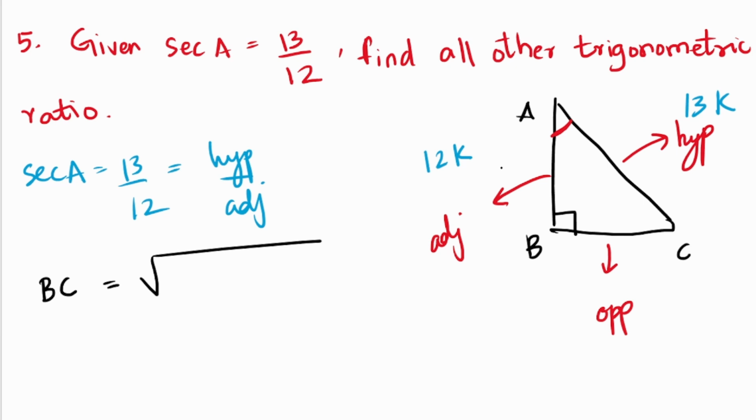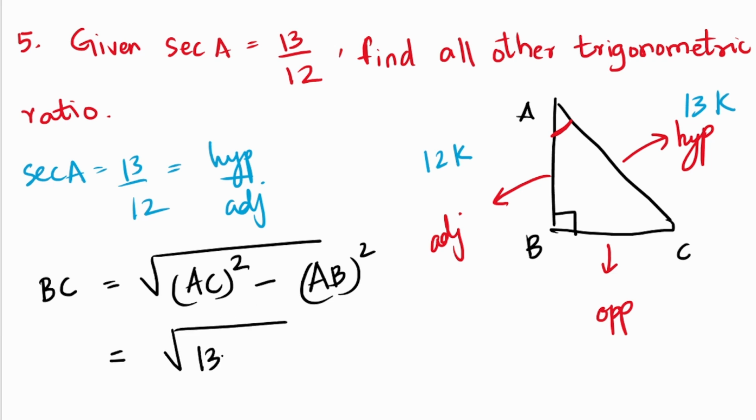Here. Then AC, right? AC square, which is the hypotenuse square minus AB, which is the adjacent side square. Nothing but just the Pythagoras. So AC square is 13k square minus this 12k square.